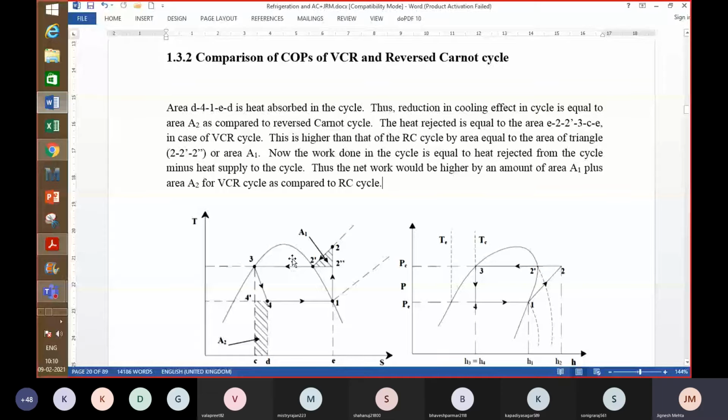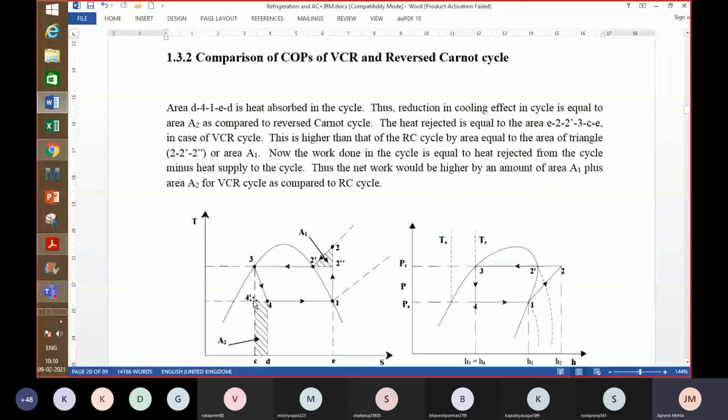And the next process in the reverse Carnot cycle was again 3-4, but again it was wet expansion, and the work that you produce is not really very significant. So it's not practicable to use a costly device to recover a little amount of work.